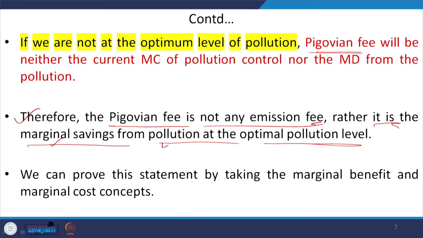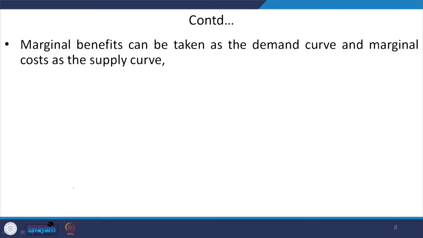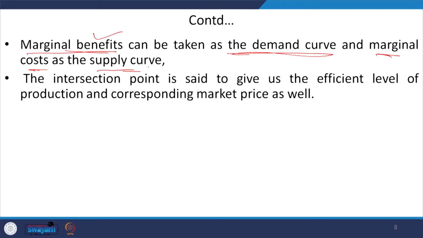For proving this, we can take the marginal benefit and marginal cost concept from the economic activity of the farm itself, right. The marginal benefit can be interpreted as the demand curve, and the marginal cost can be taken as the supply curve. This is the standard microeconomics principle.